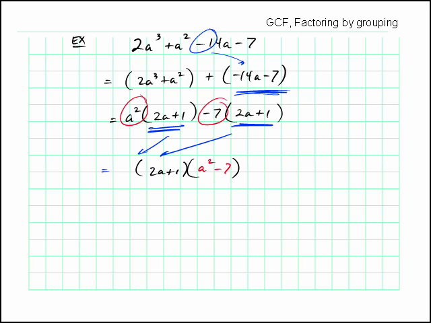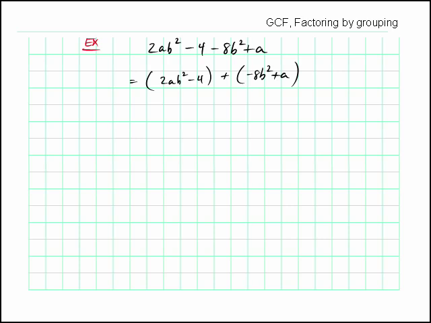Okay, let's do one more example of factor by grouping. Let's try this one. 2ab squared minus 4 minus 8b squared plus a. If I try to factor this in the order it's given, I'll put a plus sign in between.